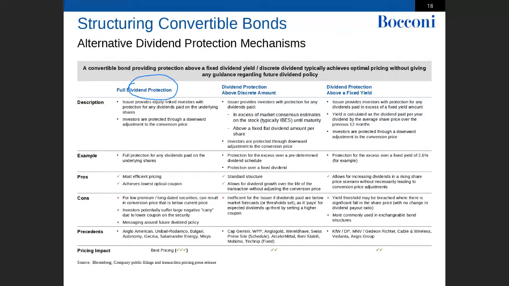The issuer provides protection that any dividend paid on the shares will be transferred to investors as well. How? Through a downward adjustment of the conversion price. So let's assume the conversion price is 130. Every time you pay €1 of dividend, the conversion price goes from 130 down to 129. And this is the simple full dividend protection.